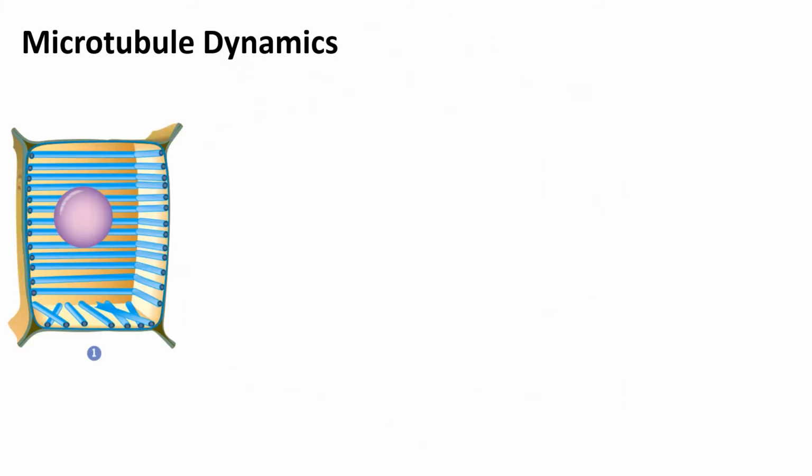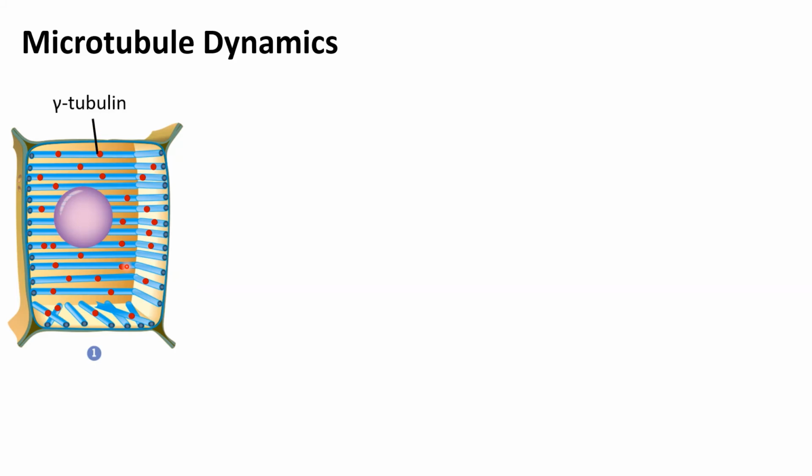So plant cells lack obvious microtubule organizing centers. Their microtubules are arranged this way, as we have discussed in the previous video, perpendicular to the length of the plant cell. However, even if there is no obvious microtubule organizing center, there are actually spots along these microtubules that start the nucleation of new microtubules.